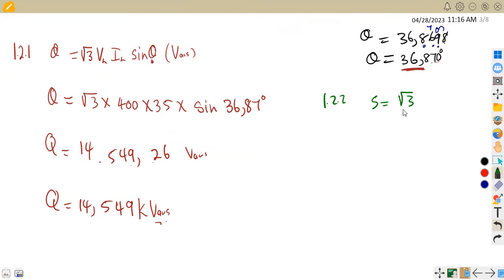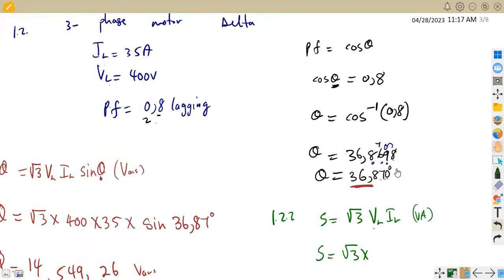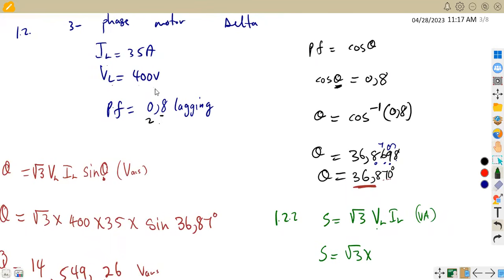For single phase, you do not have this square root. So that's line voltage times line current, which is measured in volt amperes, not vars. So S is going to be the square root of 3 times the line voltage, which is the same as before, 400, times the line current, which is 35. We are not multiplying anything else in this case.